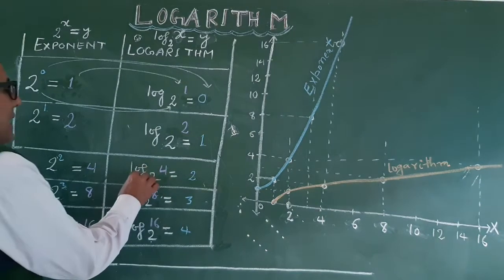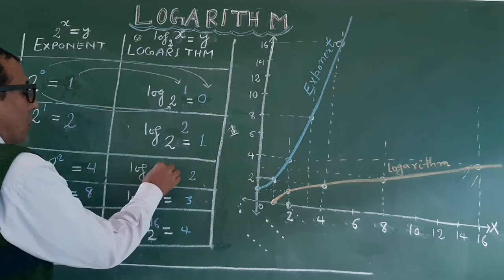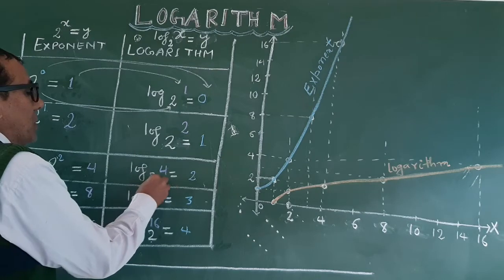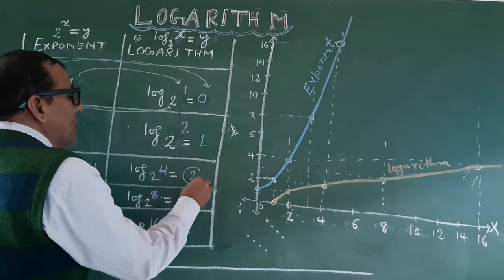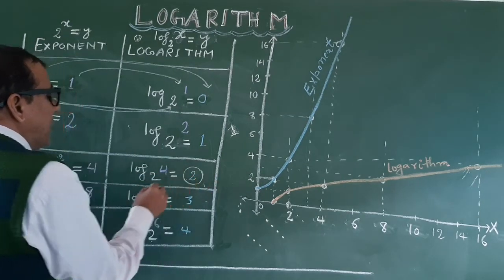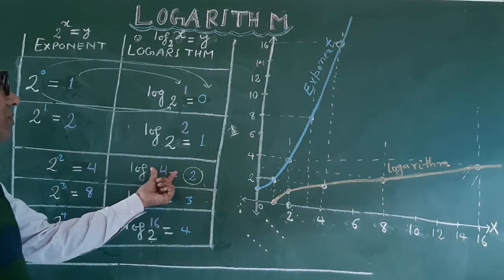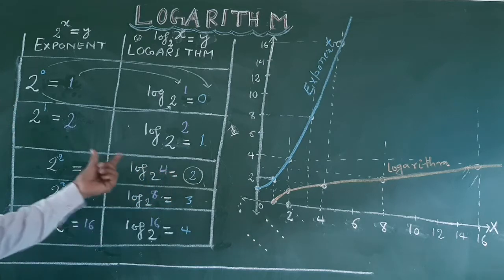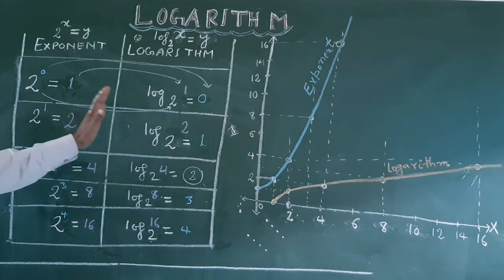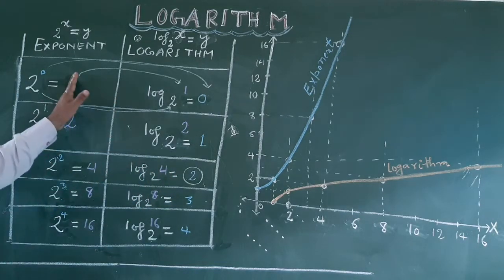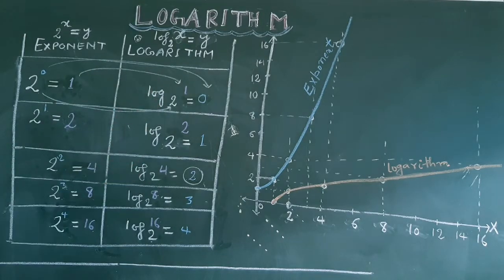Inversely, when we write log 4 base 2 equals 2, here the 2 tells us that when we multiply the base 2 times, we get 4. I only want to say that log is the inverse of exponent.